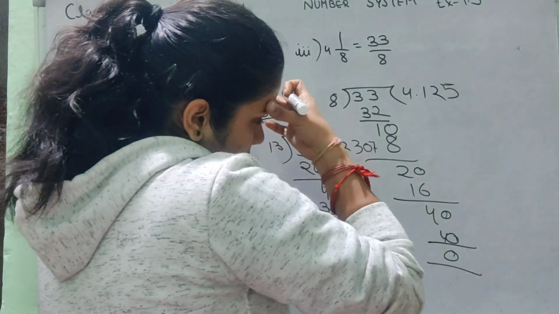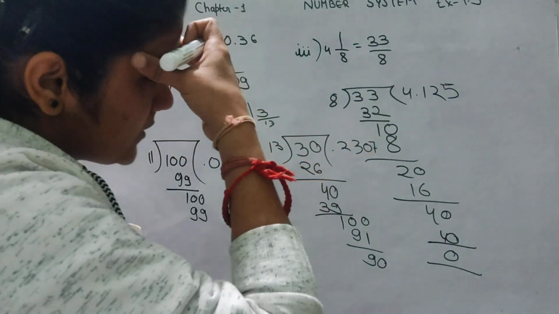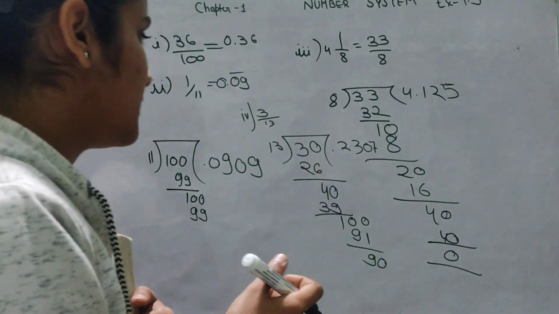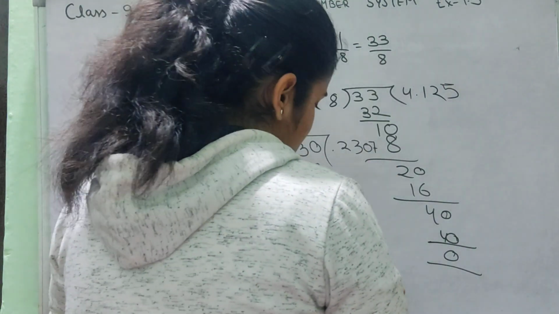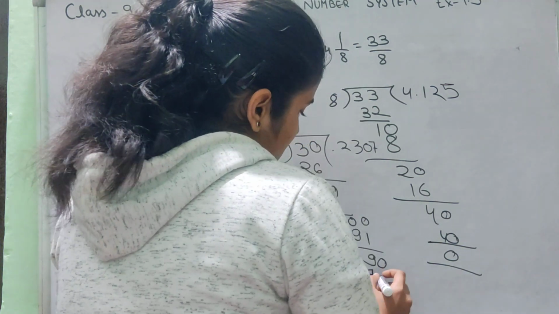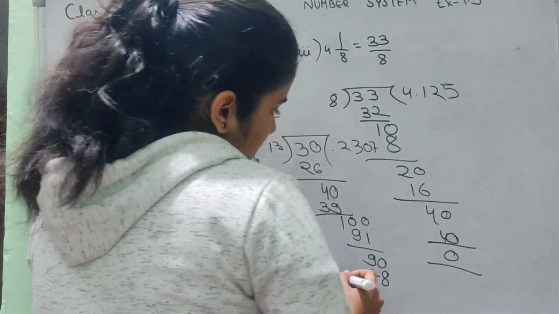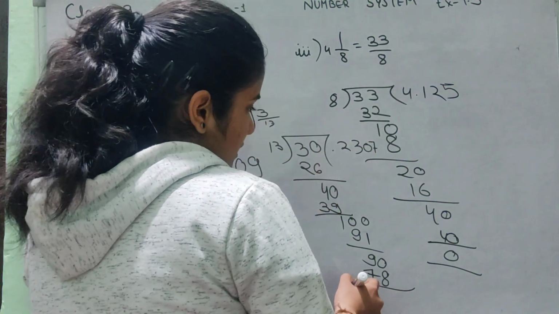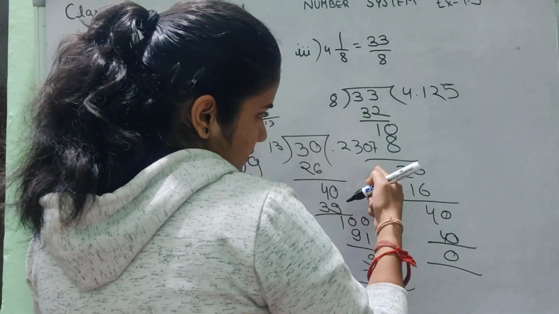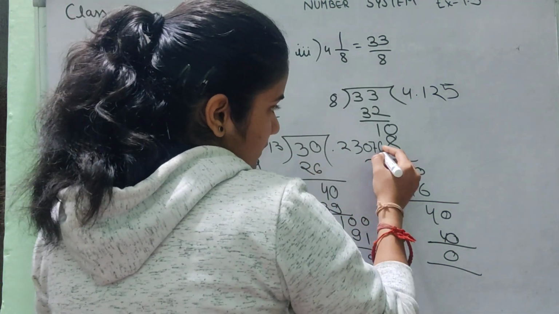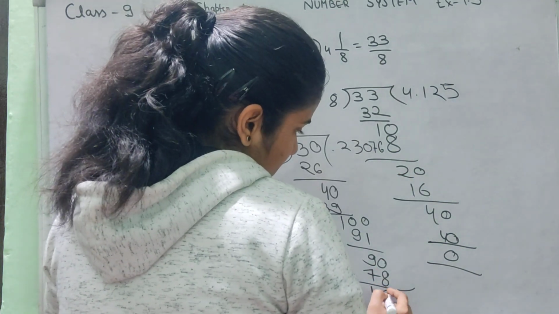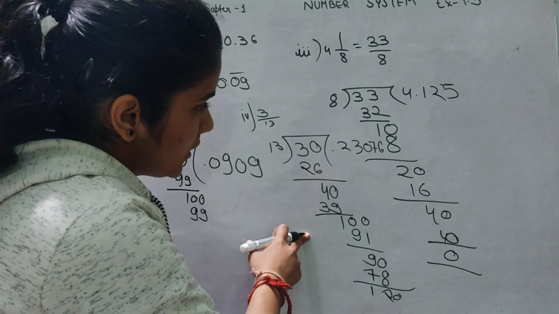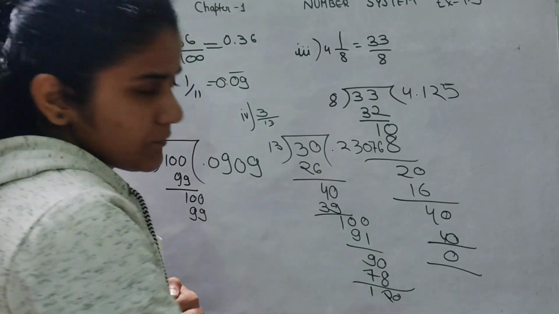Then 13 6s are, okay. What is left? It is left with 12. This is 6. Okay, 12. So I think 1, 2, 3, 4 times we have done it.